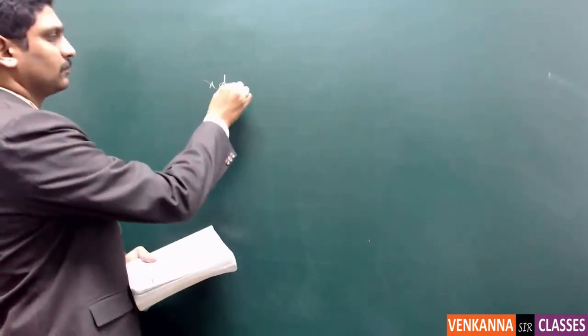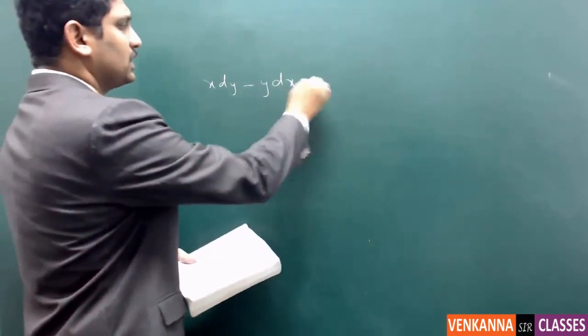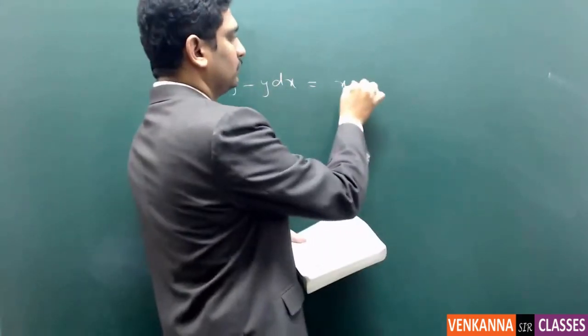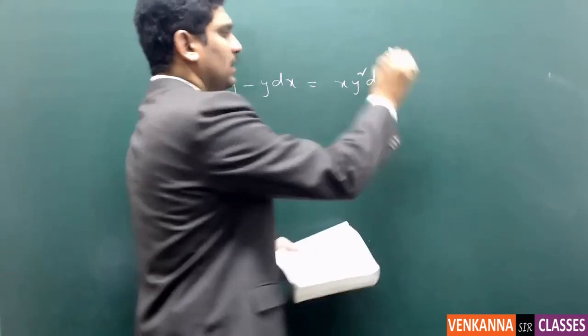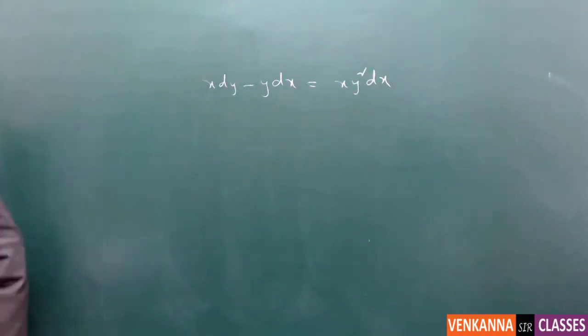So solve the equation x dy minus y dx equals xy square dx. Please take a note of that. Now tell me, on doing what kind of arrangement in this equation are we going to write it as derivative of some function existing in the given equation?